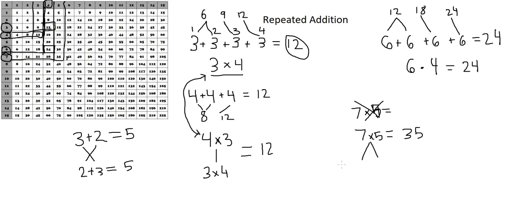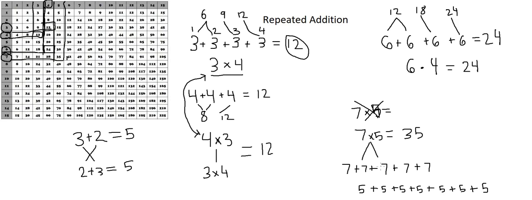We can make it 7, and since it's times 5, we add 7 five times: 7 plus 7 plus 7 plus 7 plus 7, or we can add 5 seven times. Now, if we use the brute force method on either one of these, we'll find that the answer is still 35.